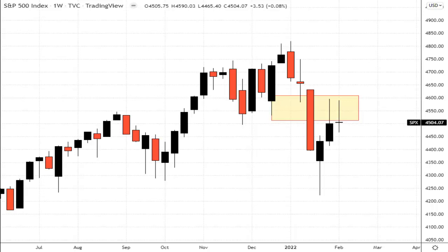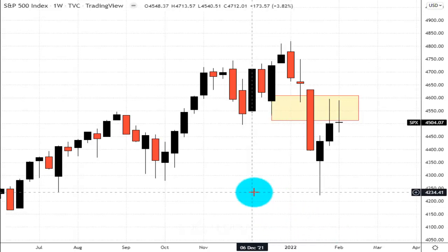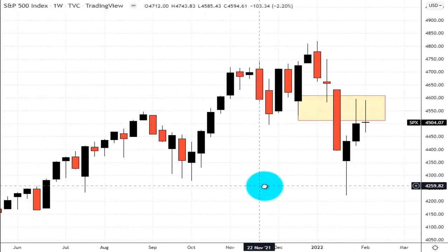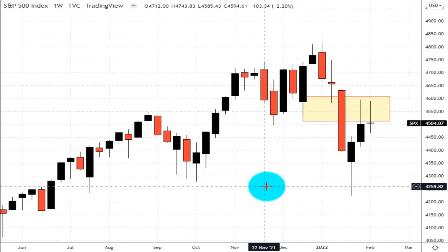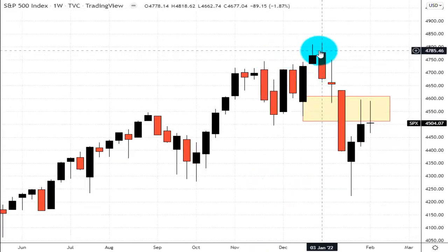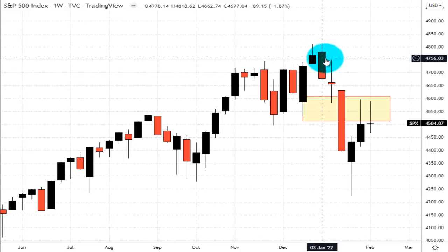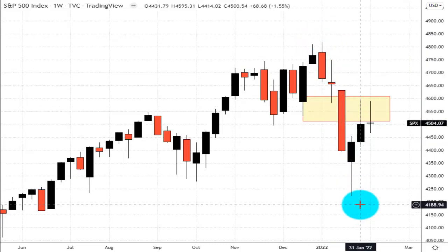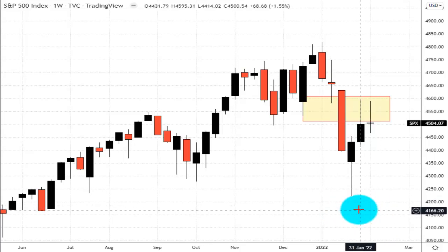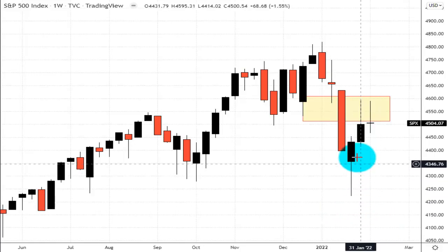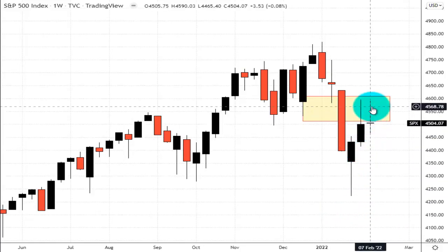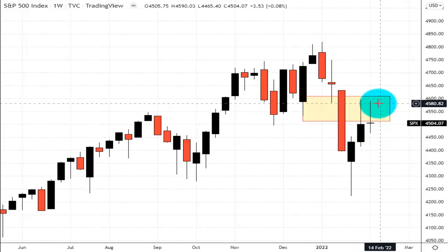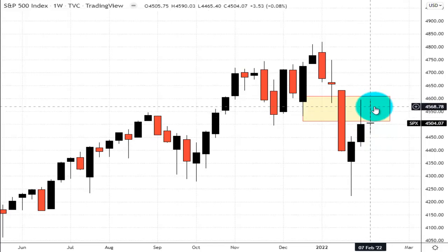So you're looking at the S&P 500 index here, and you can see we've fallen off these all-time highs up here and come down. Had a pretty significant drop here, bounced out of here, and the question became, okay, what's going to happen now, right?